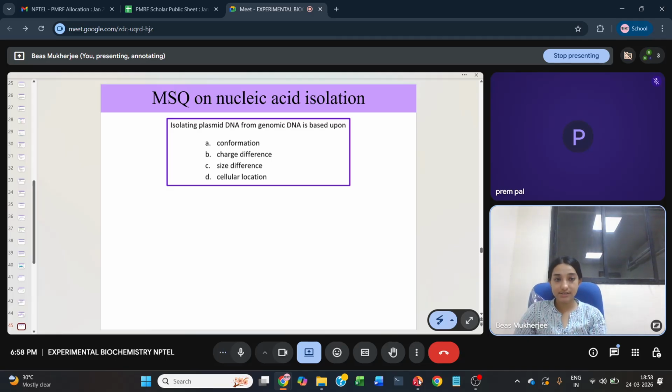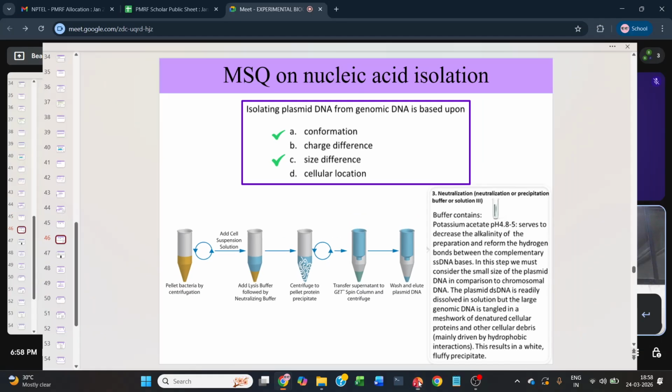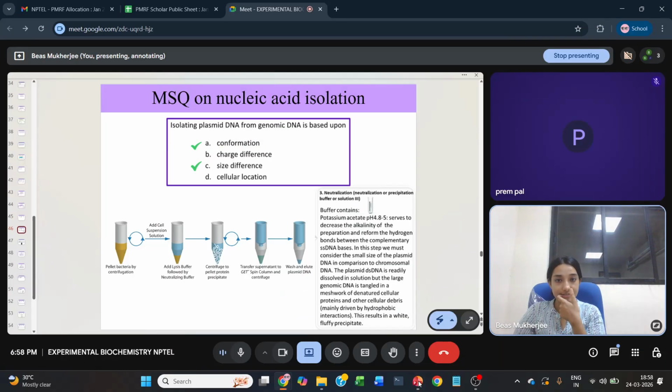Which one do you think is the right answer? A and C. Yes, that is correct.